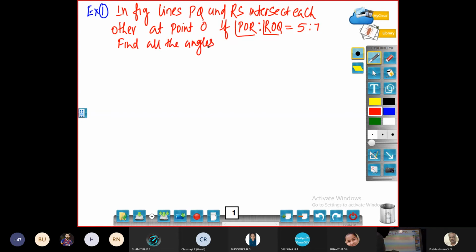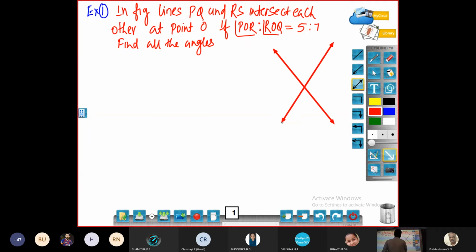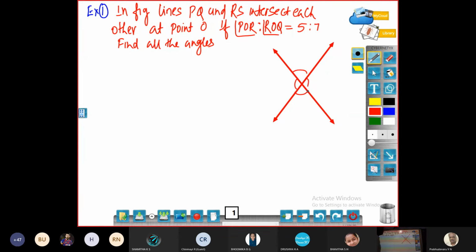So let us draw the diagram for this. Two lines are intersecting, and 4 angles are formed. You can call these P, Q, R, S, and the point of intersection is O. They have given POR and ROQ.